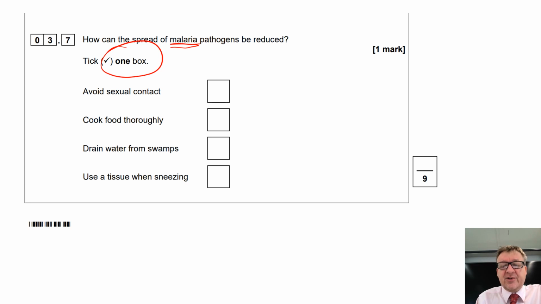It destroys your liver and your red blood cells, then it gets bitten again and another mosquito takes it in, a horrible, nasty cycle. Sexual contact? Malaria isn't a sexually transmitted disease. They get bitten by a mosquito, so it's nothing to do with cooking food. Drain water from swamps, or use a tissue when sneezing. Without any shadow of a doubt, it's drain water from swamps, because that's where malaria mosquitoes live.